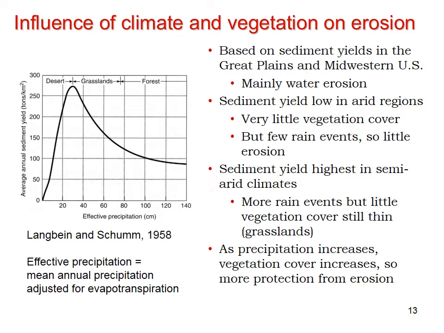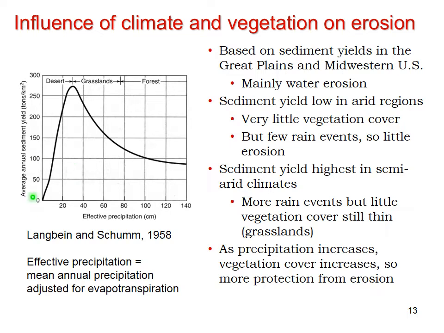And if we look at the graph here on the left, the horizontal axis is labeled effective precipitation. And so effective precipitation means how much rainfall comes down and then how much is left after evapotranspiration to actually run off across the landscape. So it takes into account the dryness of the climate.